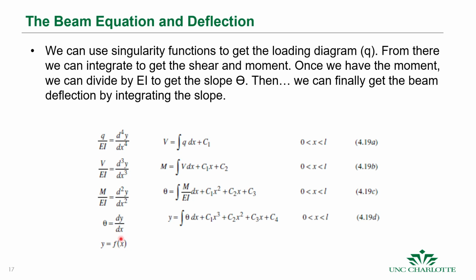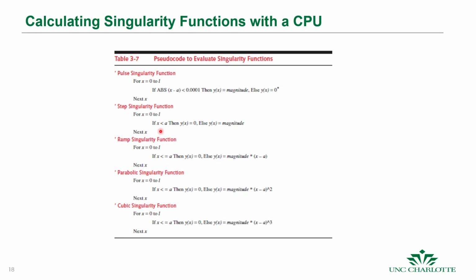So we can get all of this if all we really have to do is set up our loading conditions correctly with the right singularity functions, and then we can get the shear, moment, slope, and deflection diagram for the beam, and that's very important for design.